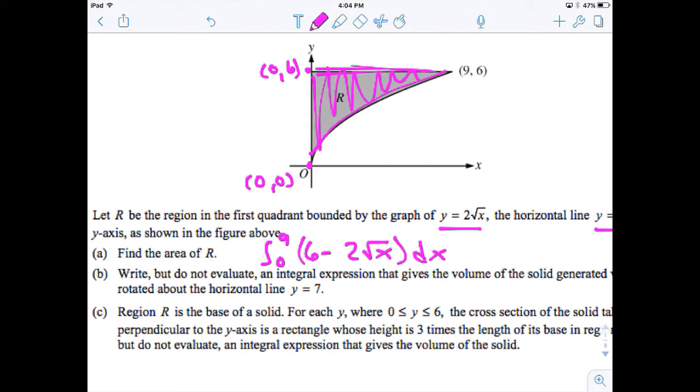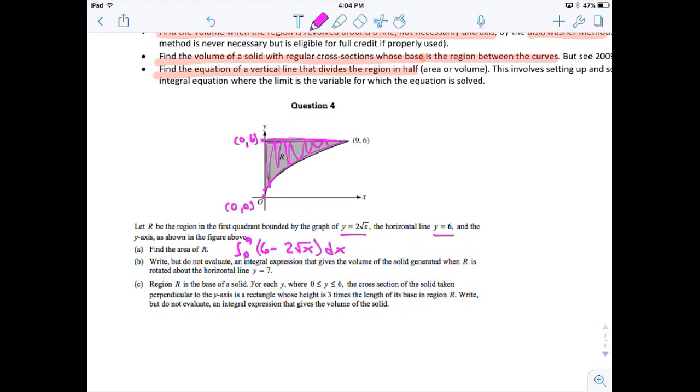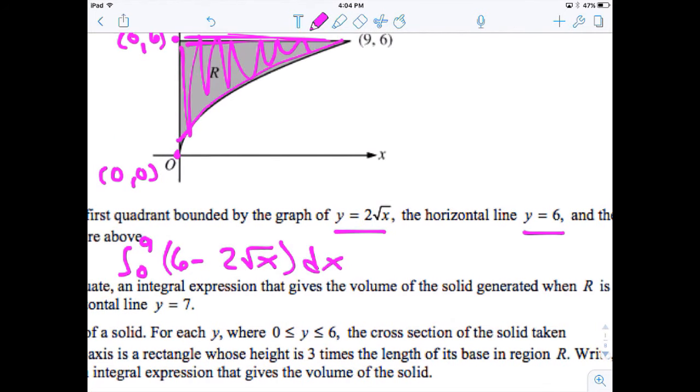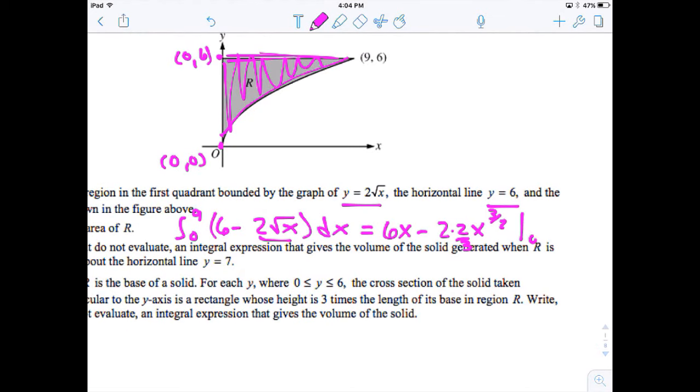Now, I am not done there. A lot of people will do that and be like, boom, done. It doesn't say write but do not evaluate an expression for this. So we actually need to find that antiderivative. You would say, okay, antiderivative of 6 is 6x. Antiderivative of 2x to the 1/2 would be 2, and then x to the 3/2 times 2/3, or 4/3, and then this would go from 0 to 9.